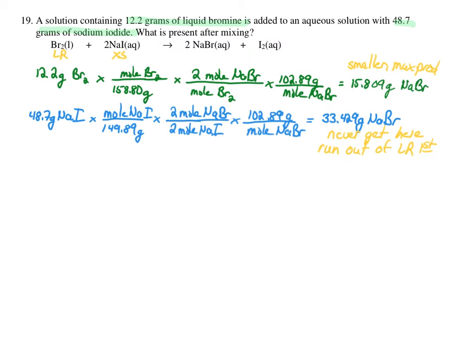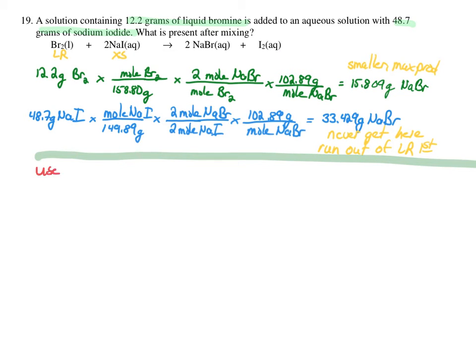All right, so let's take stock of where we are. We know how much of one of the products we're going to form. We know that our limiting reagent is going to be consumed. We need to determine how much sodium iodide is going to be present and how much I2 product will be formed, because we're asked to determine everything that's present at the end.